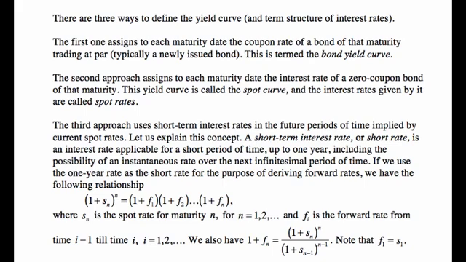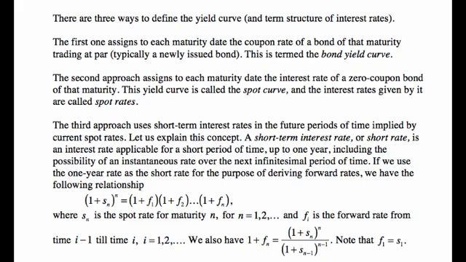So you have a zero coupon bond with a specific maturity, and you figure out from its market price what the interest rate is that makes the present value of its future single payment equal to the price that you observe in the market. The yield curve so obtained is called the spot curve, and the interest rates given by it are called spot rates. So spot rates are obtained from zero coupon bonds.